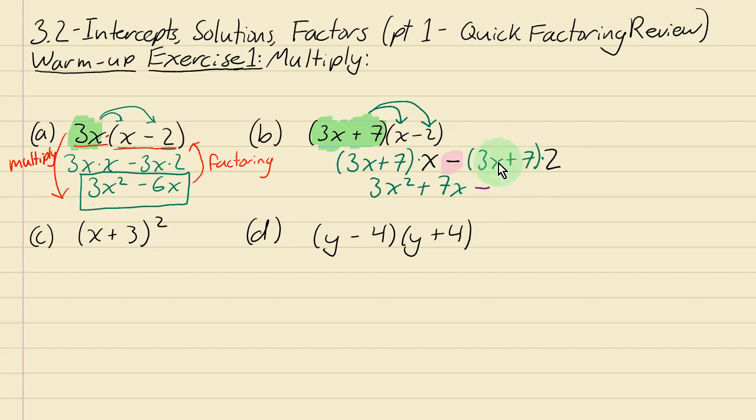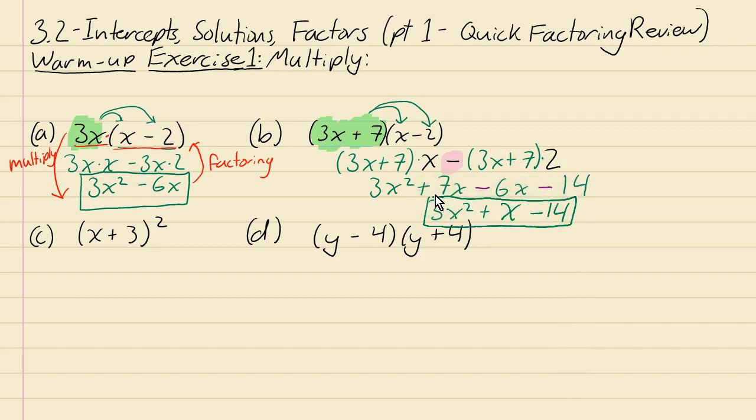So the 2 times 3x will make minus 6x. And we're also going to be subtracting this whole thing too, because we're distributing that minus in. So it's going to give us minus 14. And then you can combine these two like terms. 7x minus 6x is just x. So you can write this as 3x squared plus x minus 14. And that is now multiplied.